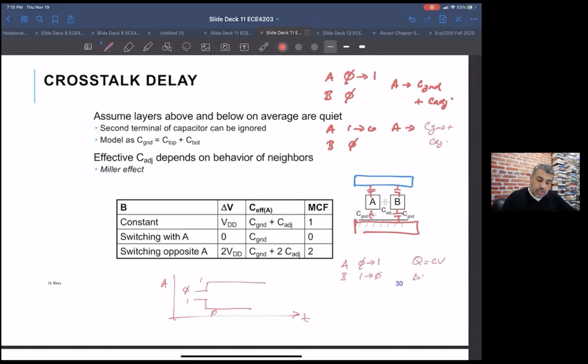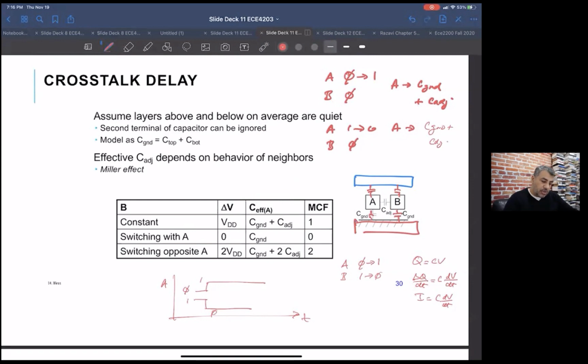So the change in Q with time, this is I, current, C dV/dt. If these two lines, A and B, are transitioning in opposite directions to each other, one way to look at it is you have to supply twice as much current to charge that capacitance between them to the correct value. And since you're limited by your own saturation current, that increases your delay. So maybe that's the best way to look at it.